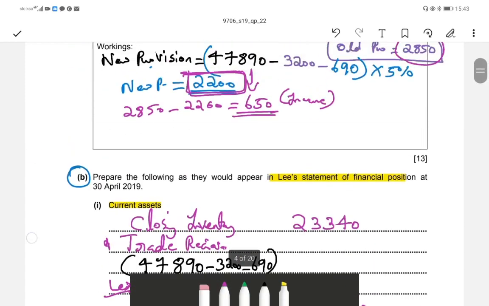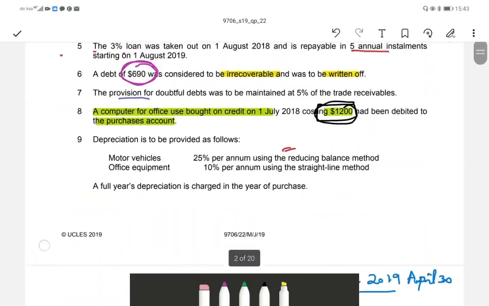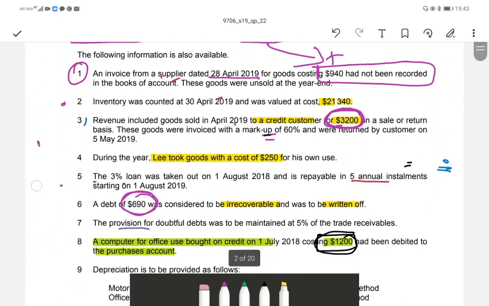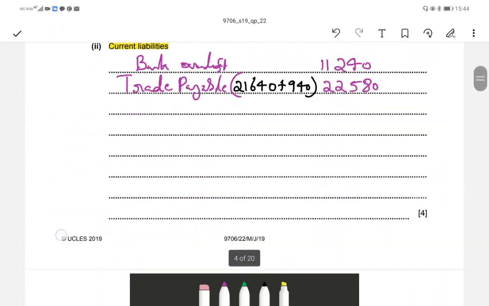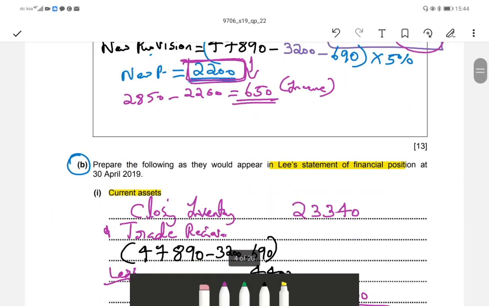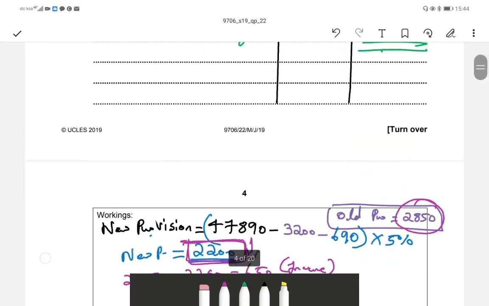Next we have to check about our loan. Loan and loan interest. Here the loan is coming in adjustment 5. Loan: 3% loan taken August 2018 and repayable in 5 annual installments. So now in this question B, financial position is as at 30th April 2019.